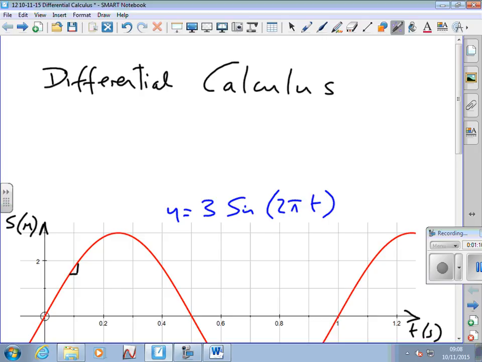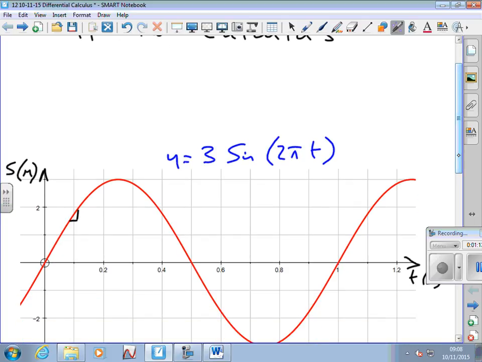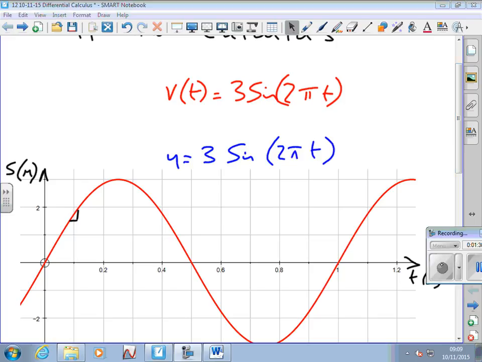Let's look at a function, y equals 3 sine 2 pi t. I could write this as v(t) equals 3 sine 2 pi t. So here is a function, and the notation could be like this.